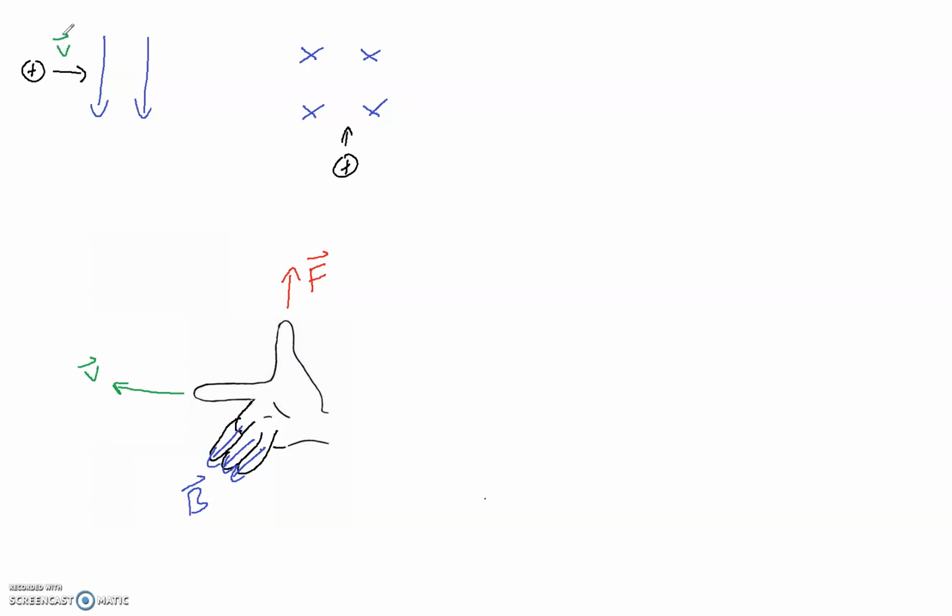And if your gun is pointing to the right, your field is going down, so your 3 fingers that are stretched out should be pointing down because that's the way the magnetic field is. And if I do that, my thumb is pointing directly at the screen, and that is the direction that the force would be. My force would be going into my screen or going away from me.